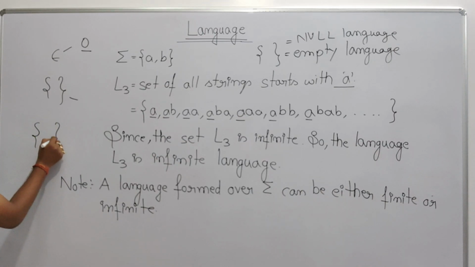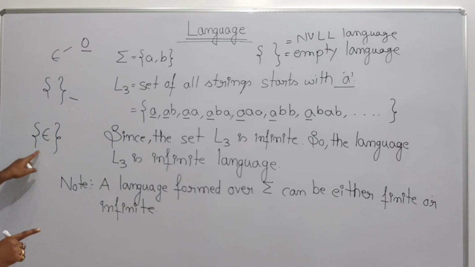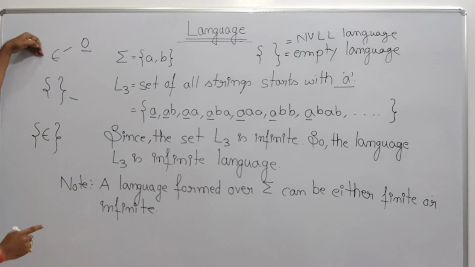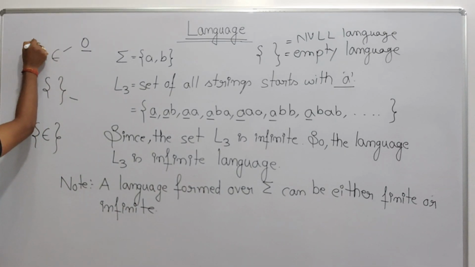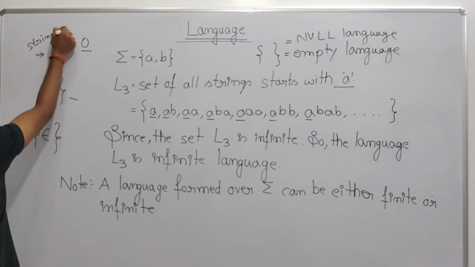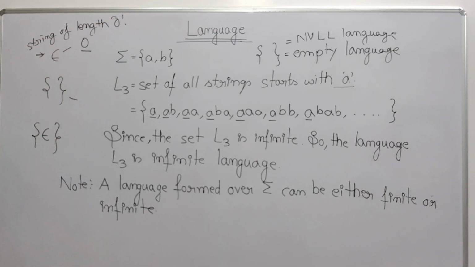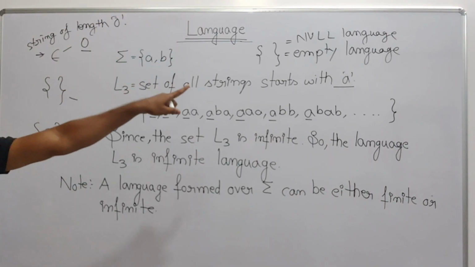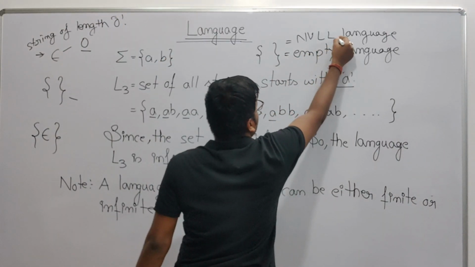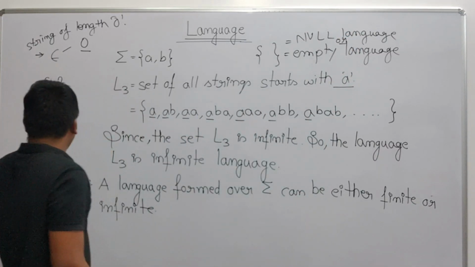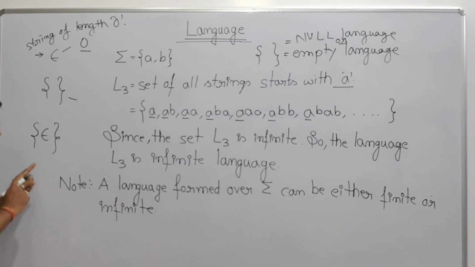The set containing epsilon is again a language, which contains one string of length 0. It is not an empty language.